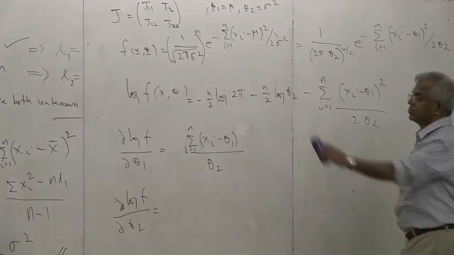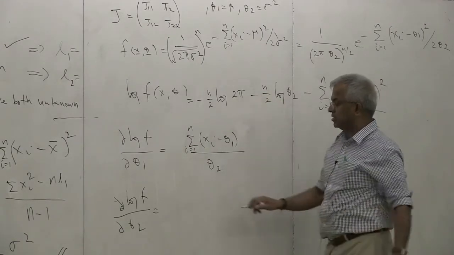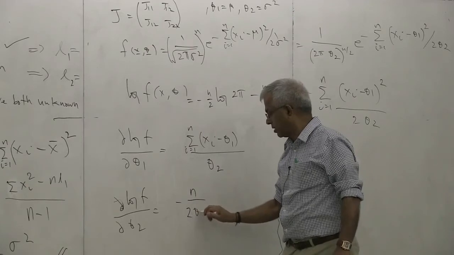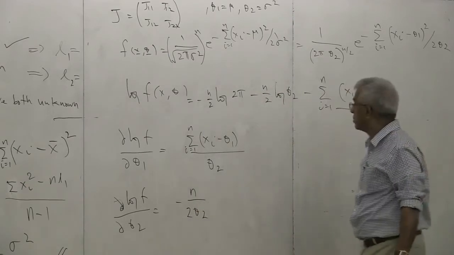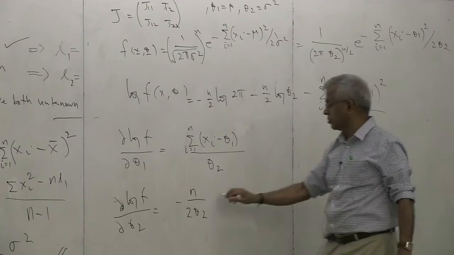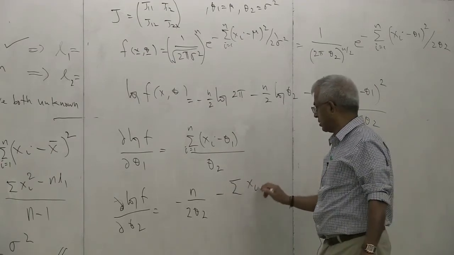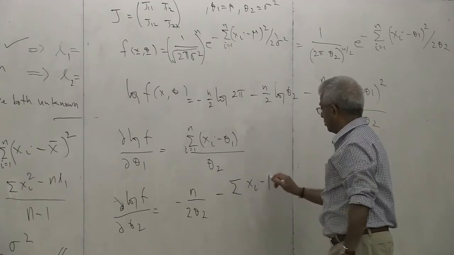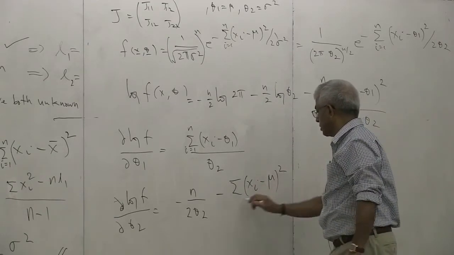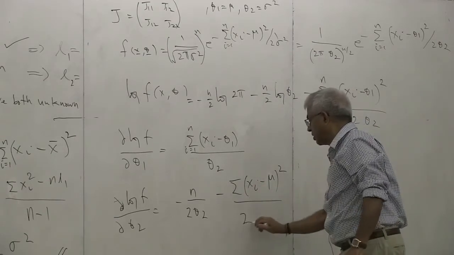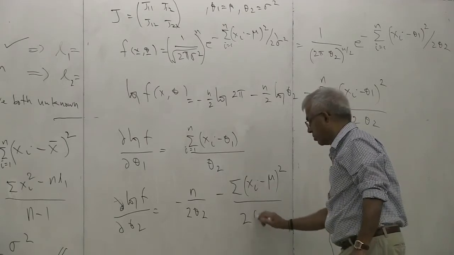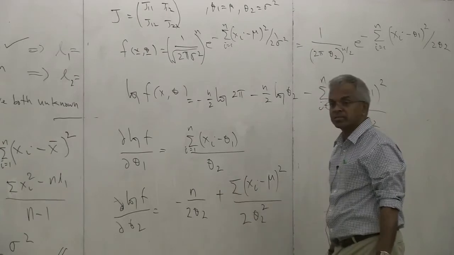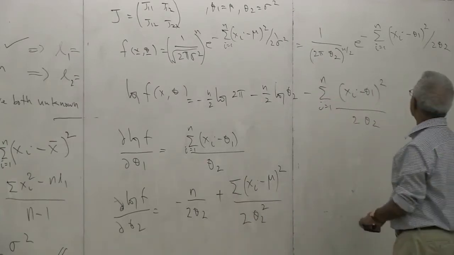So let's do d log f with respect to theta 2 now. This is a constant, so that's the derivative of minus n by 2 log theta 2, which is minus n by 2 theta 2. Then this is a constant, so minus sigma xi minus mu the whole squared over 2 theta 2, and the derivative gives plus sigma xi minus mu squared over 2 theta 2 squared.